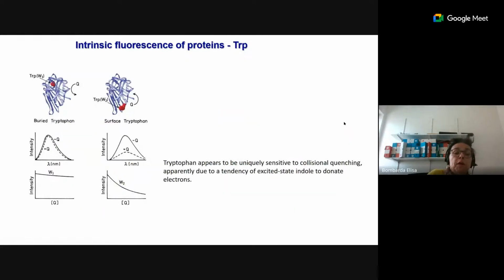Tryptophan is also very sensitive to some quenchers, and so we can get some structural information, because according to how easy it is to quench, we may know if the domain in which the tryptophan is located is exposed to the solvent or not. So we can have some structural information of our protein.